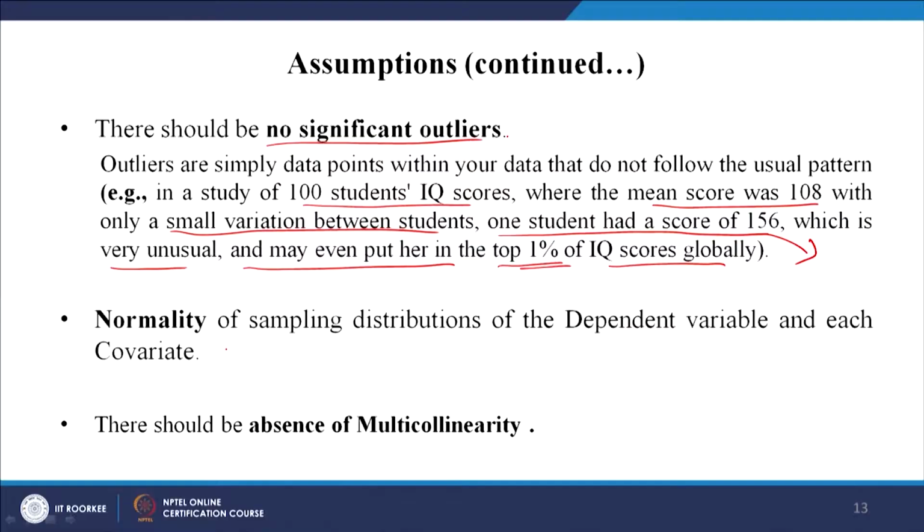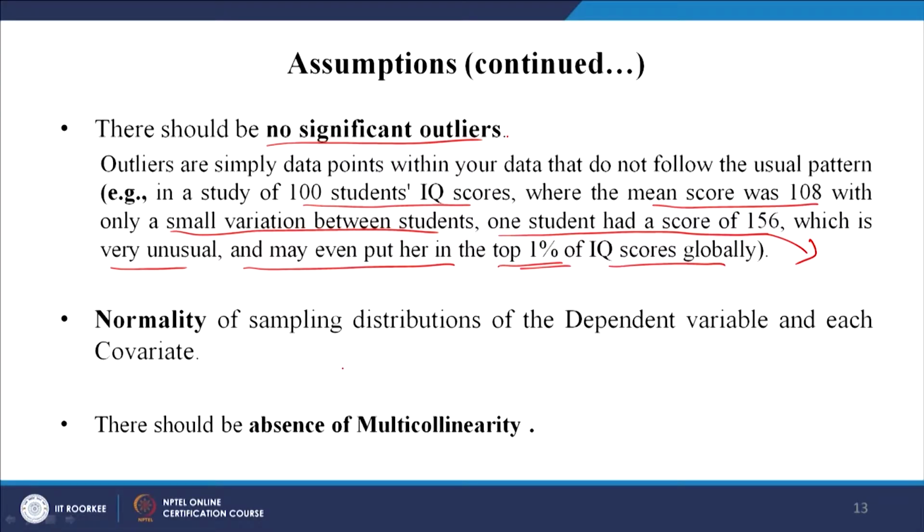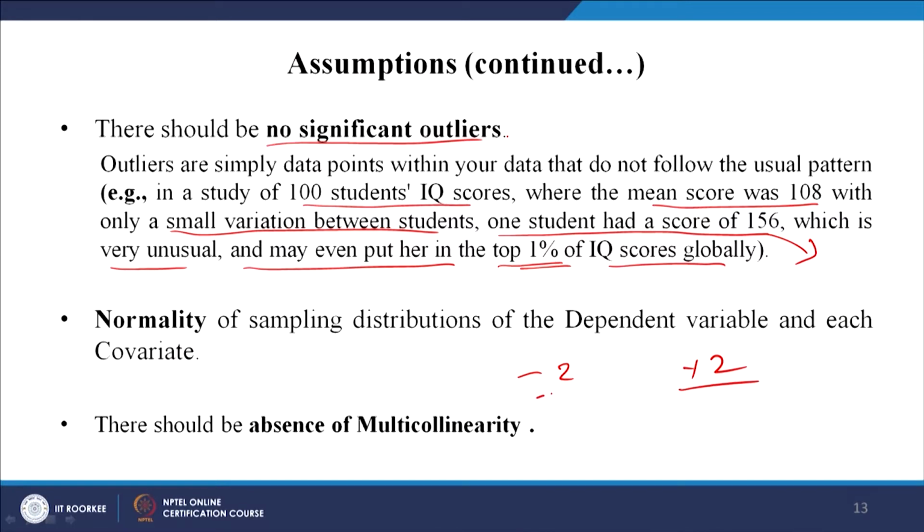You know how to check for normal distribution: you can do it through a histogram or a PP plot, or in SPSS you can go to Explore and calculate Mardia's coefficient. I have already shown this, so you can go back to my earlier lectures and check. I said it should range between -2 to +2.